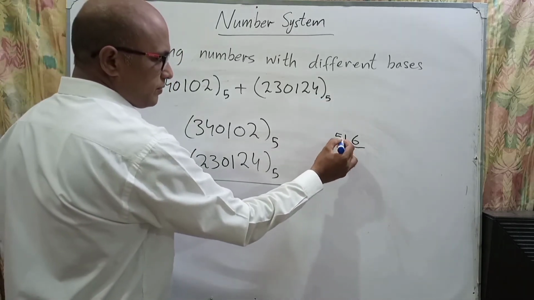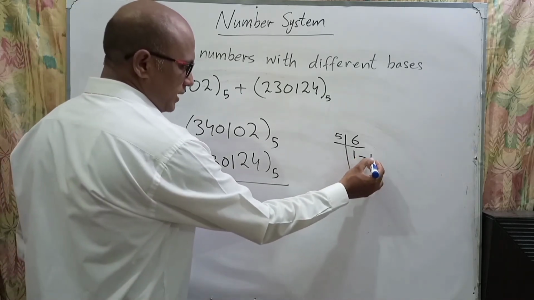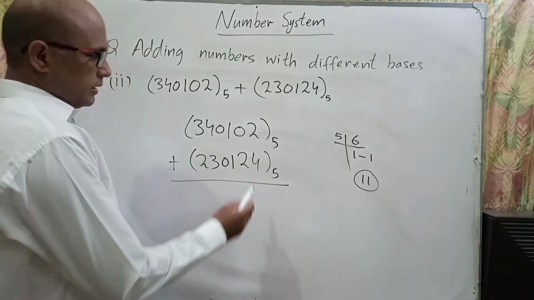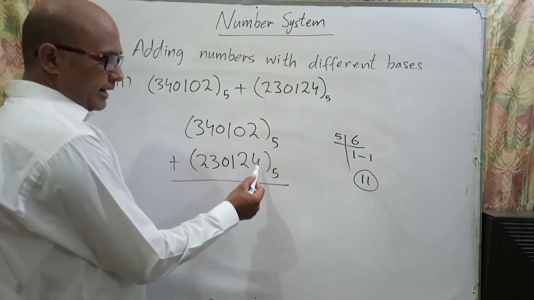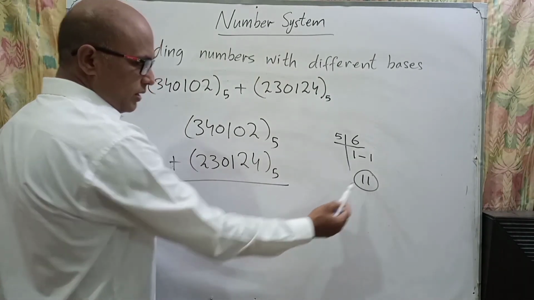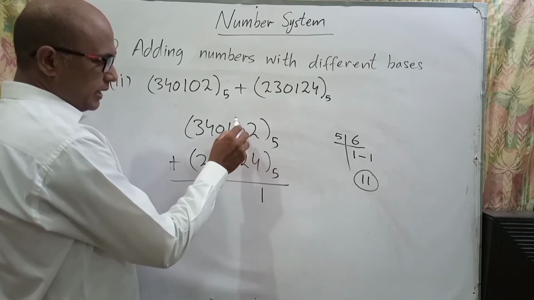Base number 5. 5 ones are 5, and the remainder is 1. So we get 11. Instead of writing 6, we'll write its LCM number, which is 11. 1 will be written and 1 will be carried over.